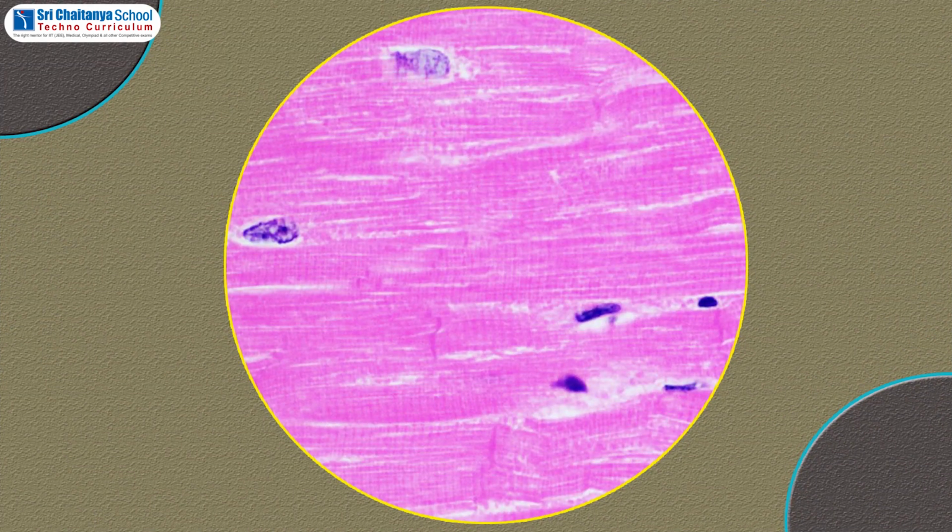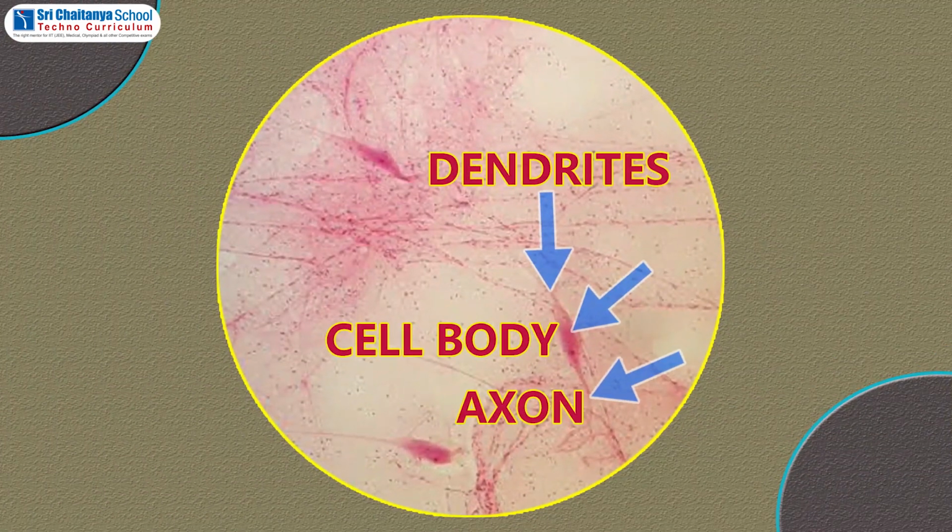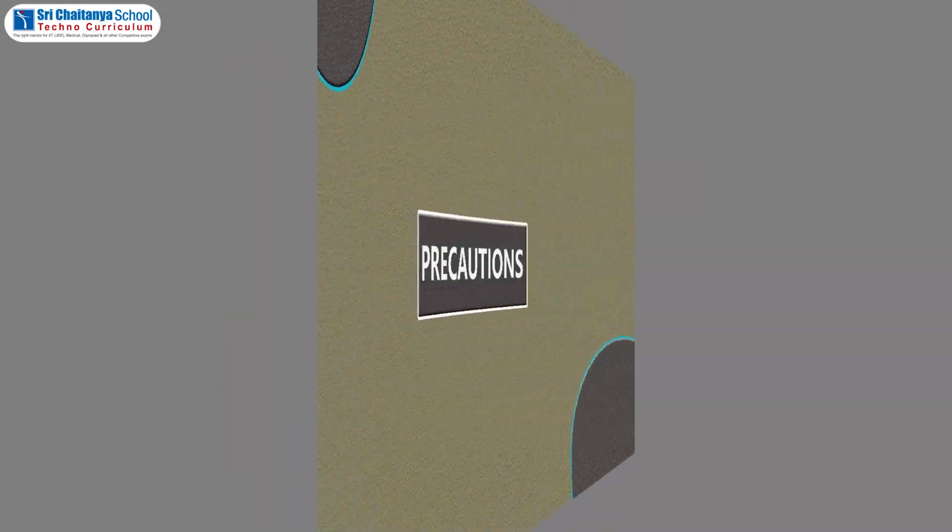Bands are not observed. Cardiac muscle consists of cylindrical, branched, uninucleated, flat and wavy cells. Nervous tissue is formed of nerve cells, also known as neurons.